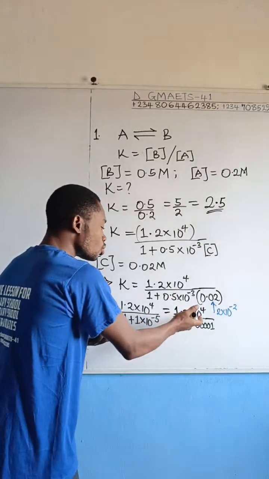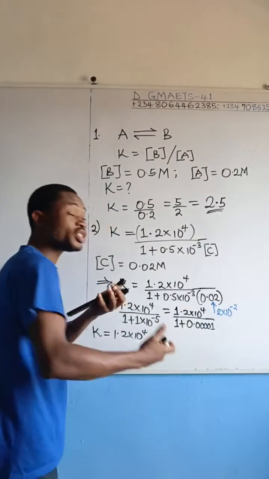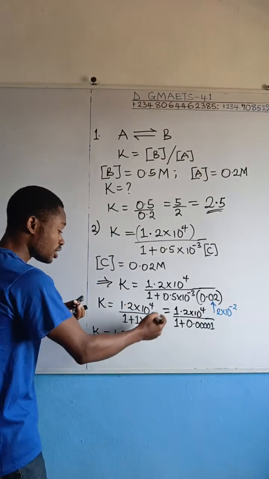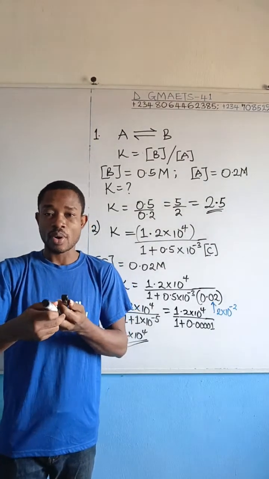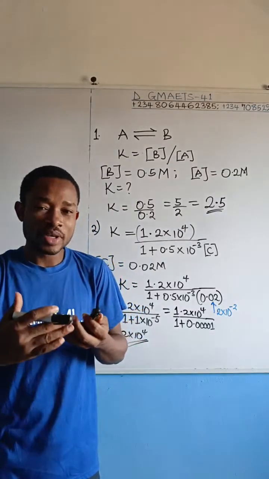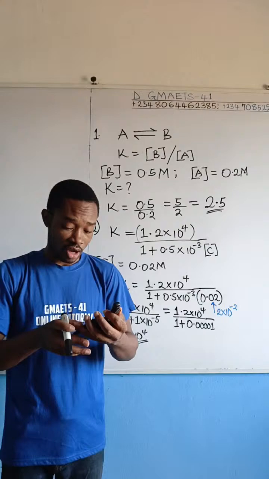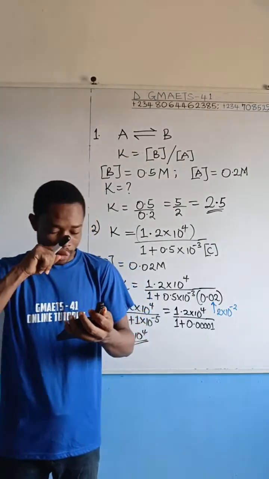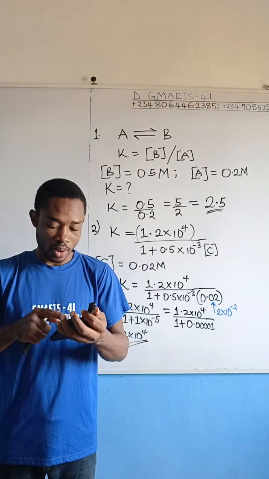So that 1.2 times 10 to the power of 4 divided by that approximate value here, which is 1, like I said, your answer will still give you that numerator, 1.2 times 10 to the power of 4. A good knowledge of basic arithmetic in mathematics helps you out in all of these. Going to the options, the correct answer is option A, 1.2 times 10 to the power of 4.